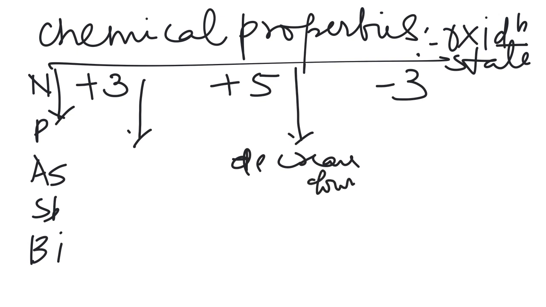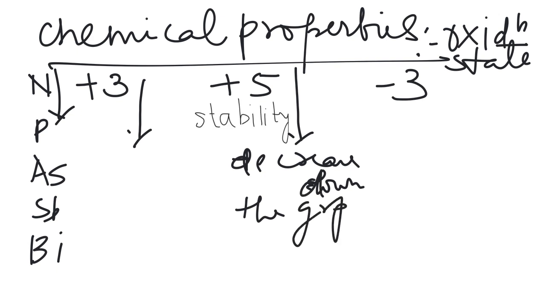And in bismuth you find only plus 3 oxidation state. Then minus 3, the tendency decreases down the group.